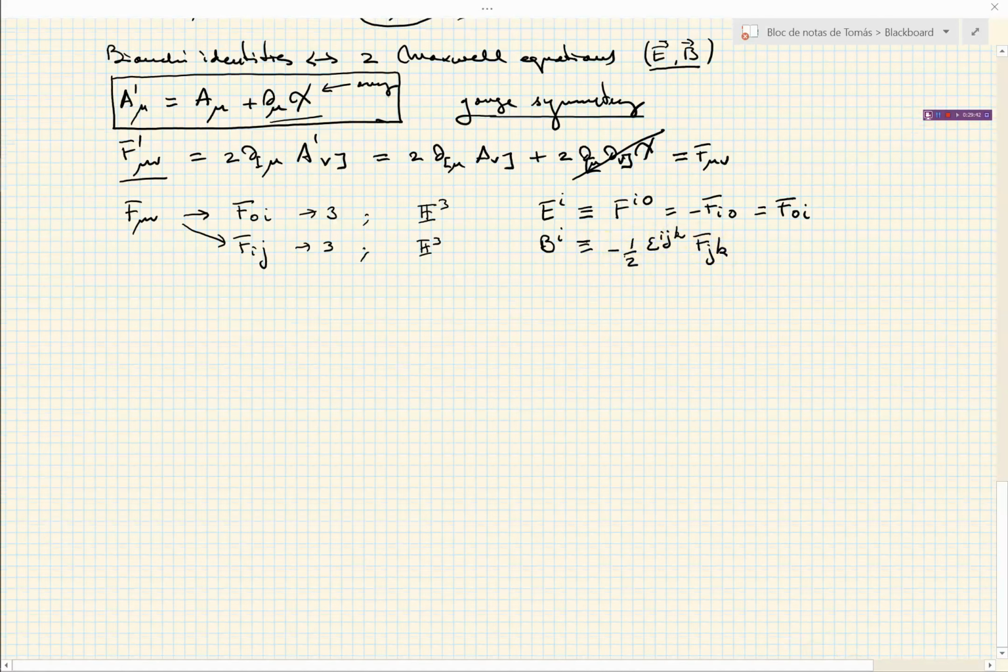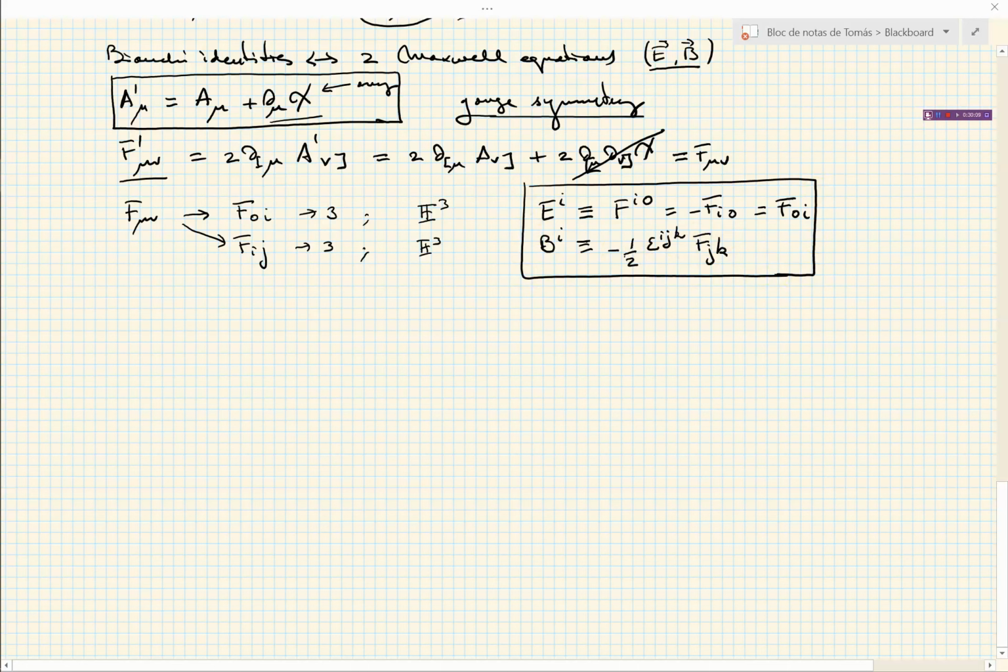The 1/2 is used, so for instance, if I have B^1, then this is epsilon_1jk, but jk is summed over 2 3 and 3 2. They appear 2 times, so this one just cancels this factor. The minus is again conventional. Okay, this is the definition to remember.